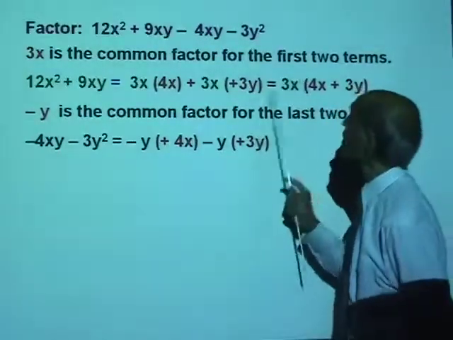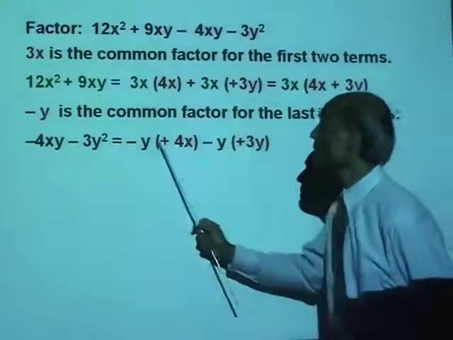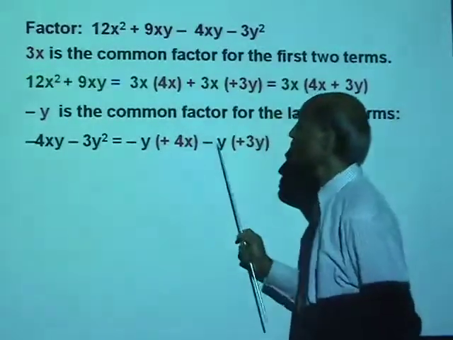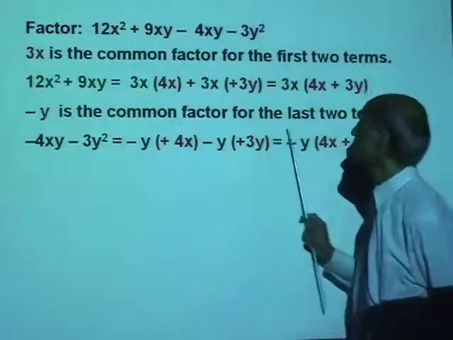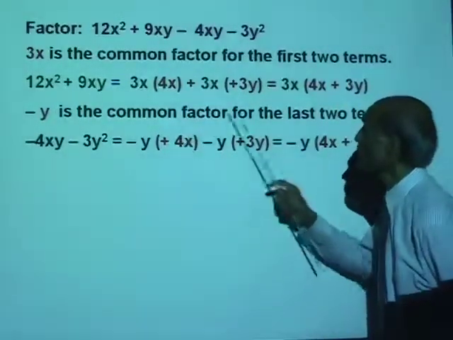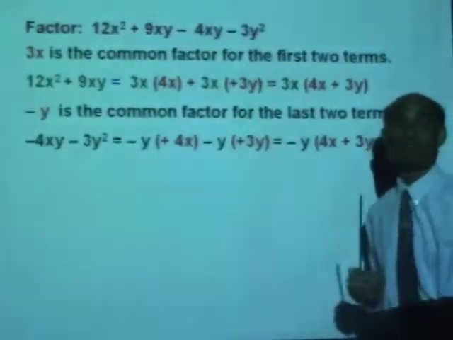You can see actually this will guide you to write this step. And now we have produced negative y as common to both these terms. Factor that out. That will be negative y comes out, leaving a 4x plus 3y inside the parenthesis.